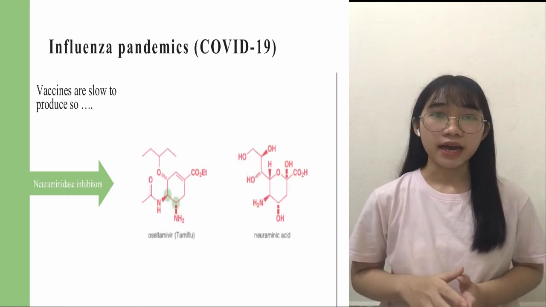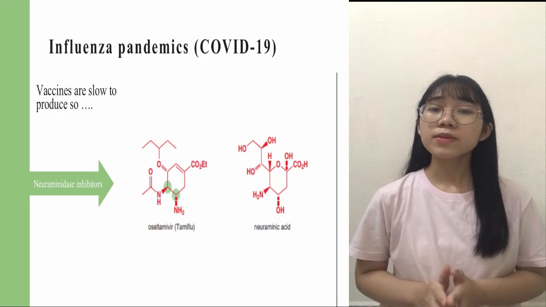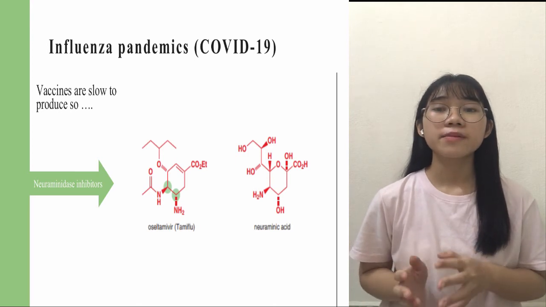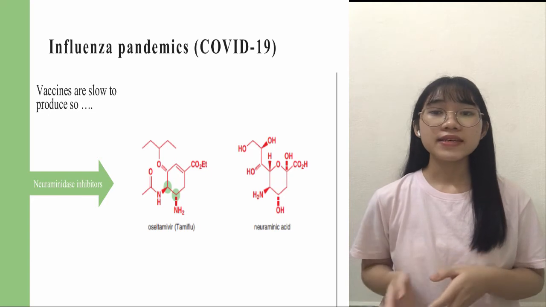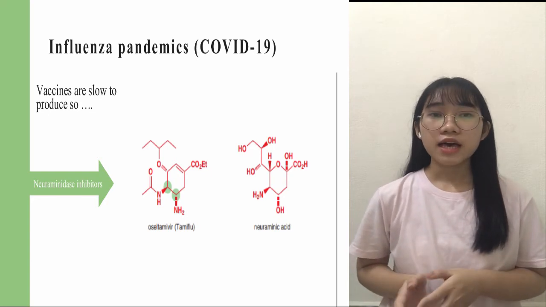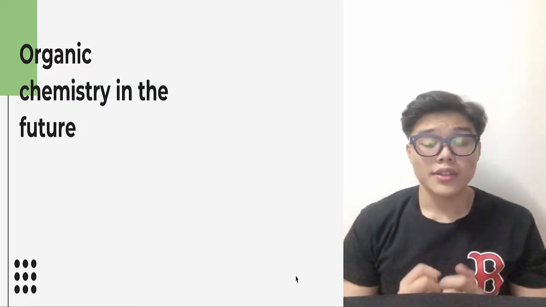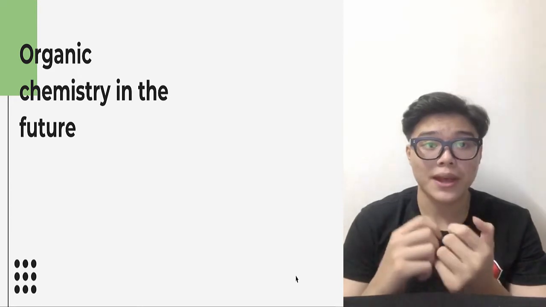Neuraminidase is an enzyme used by the flu virus that targets the human cell surface carbohydrates containing neuraminic acid and allows the virus to release itself from the host cell. Inhibition of this enzyme prevents this.